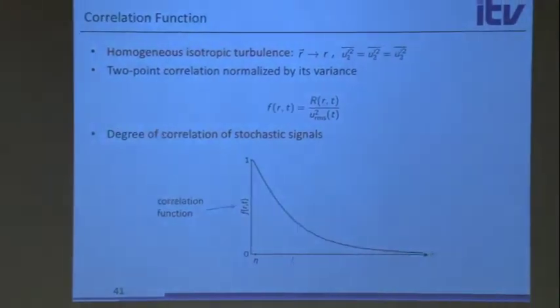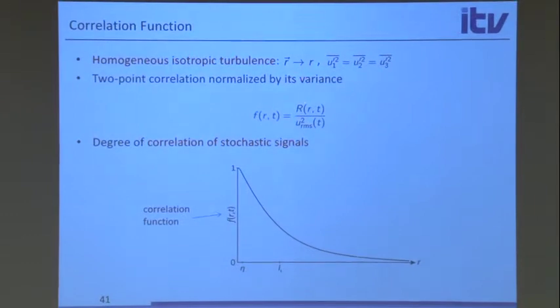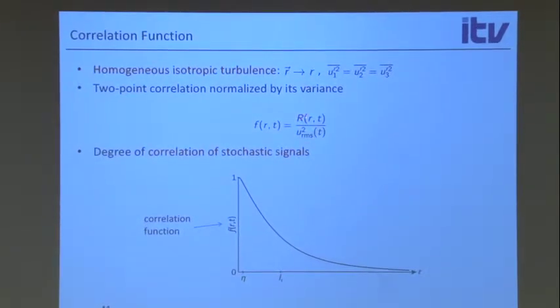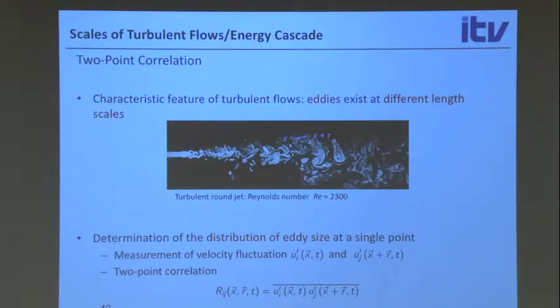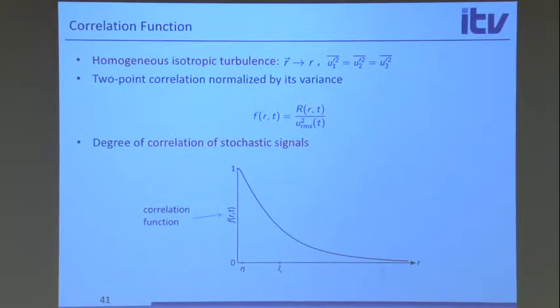So we can normalize this by the variance. For r going to 0, if i is equal to j, this is just u_i squared, right? So we want to normalize this.